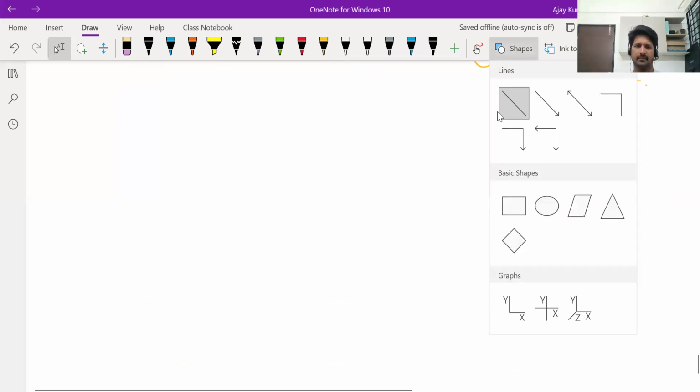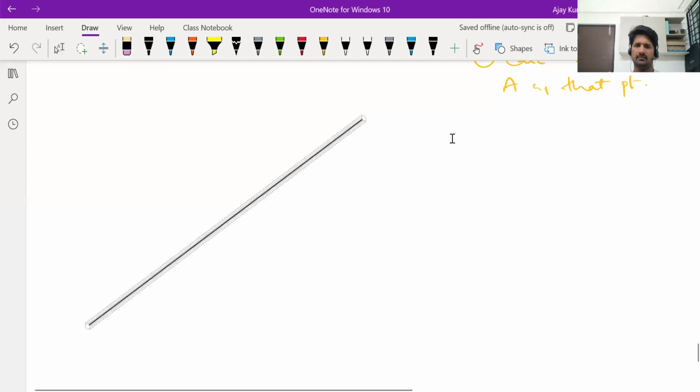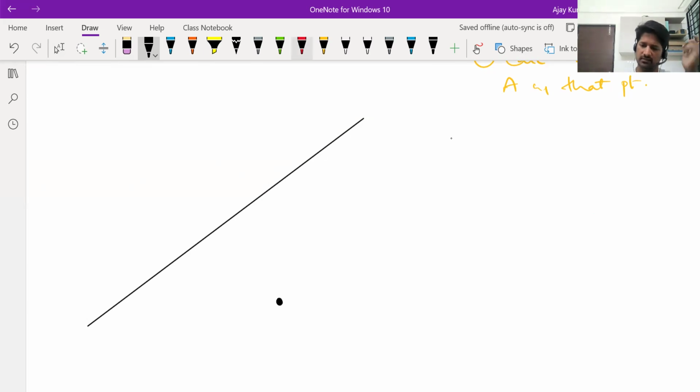Generally, see, if there's a straight line and there's a point outside that straight line, away from that straight line, and you want to mark a point on that line which is closest to this. Let's consider different points. Call this A, B, C, D, and so on.